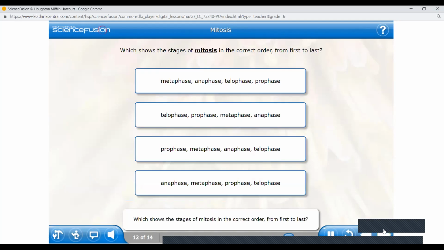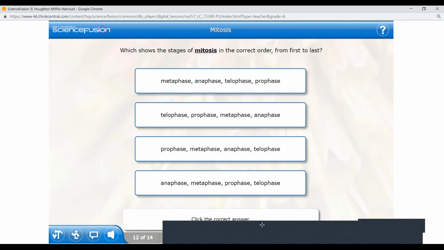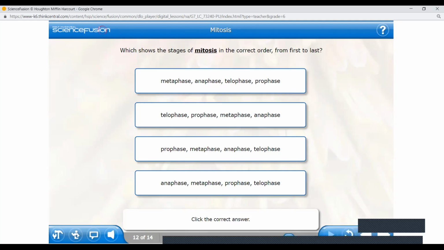Which shows the stages of mitosis in the correct order from first to last? Click the correct answer. Tell me, I want Malak to answer me. Malak, I told you the stages. PMAT. So which one is correct? From first to last.